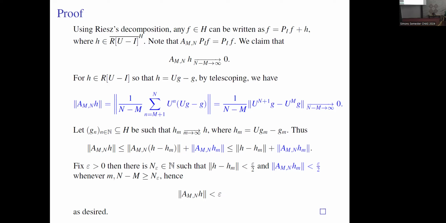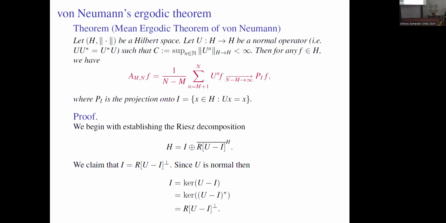And then, as I said, we use the density. So every element from here can be approximated by a sequence that lives here and has this property. So therefore, we can deduce what we want for arbitrary H from the closure of the image of U minus 1. So that's how we get von Neumann's ergodic theorem.